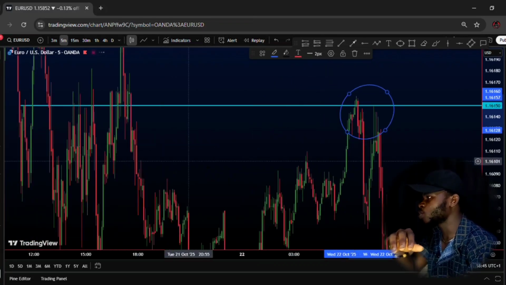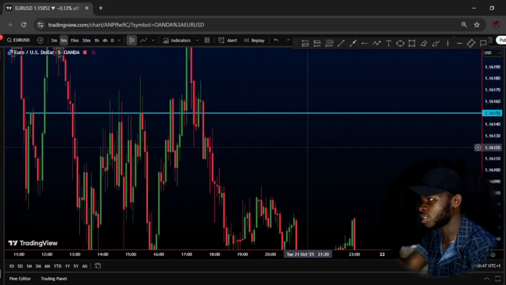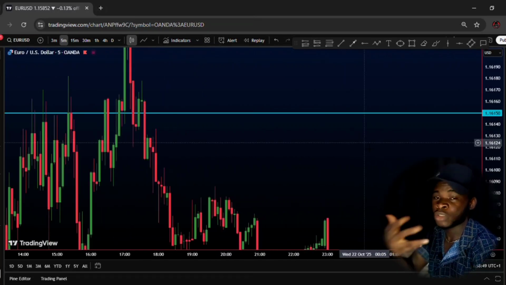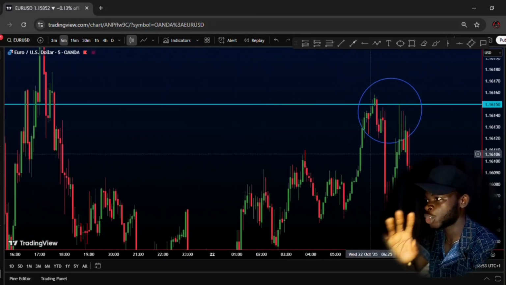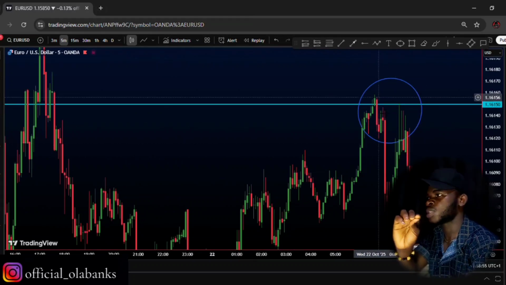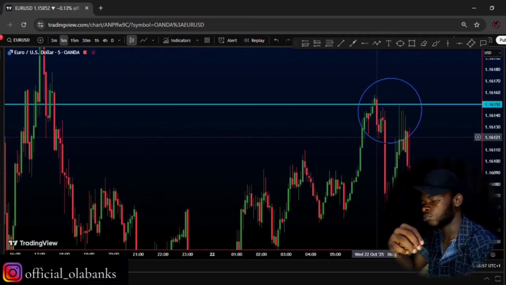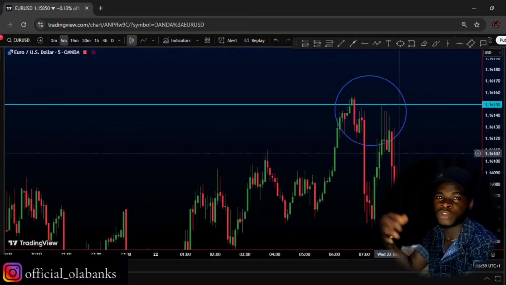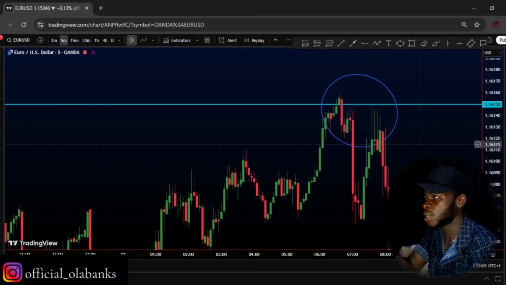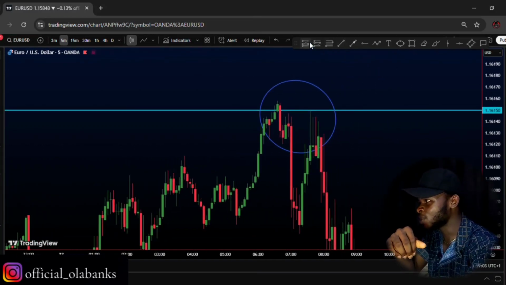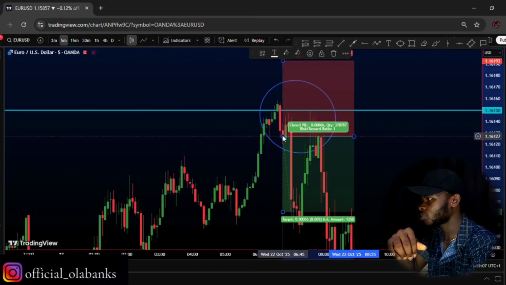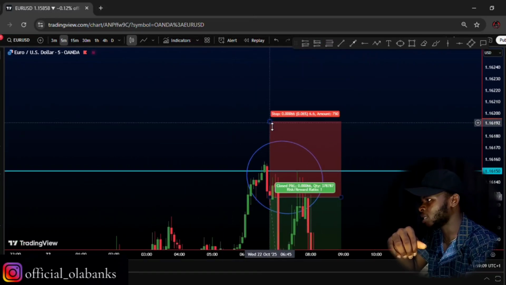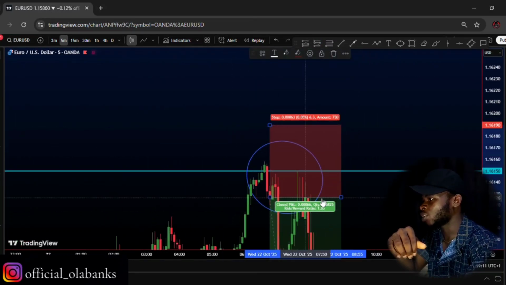You feel me? So for my own particular entry, I had an aggressive entry because I was very, very sure that the price would most definitely come here. But nonetheless, I still had to wait for some confirmation, right? So initially, after this candle, around this place is where my entry was.